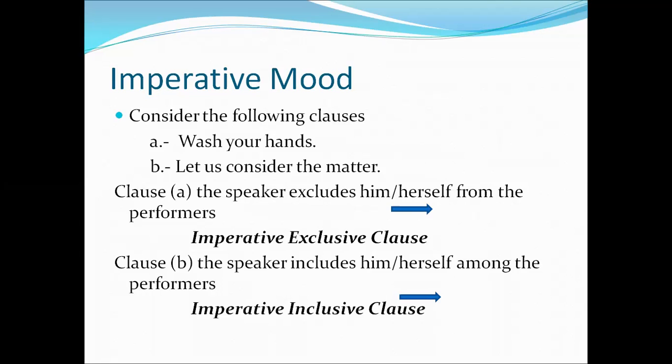In this sentence, what happened? The speaker includes, let us is there, him or herself among the performer or doer. Here, speaker is also doer in B. But in A, speaker is not doer. Only the hearer is doer or performer. So, first one is imperative exclusive clause, and the second one is imperative inclusive clause.